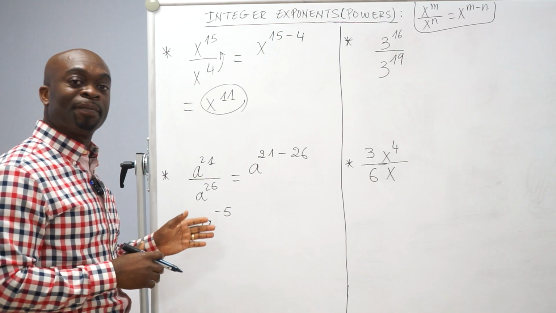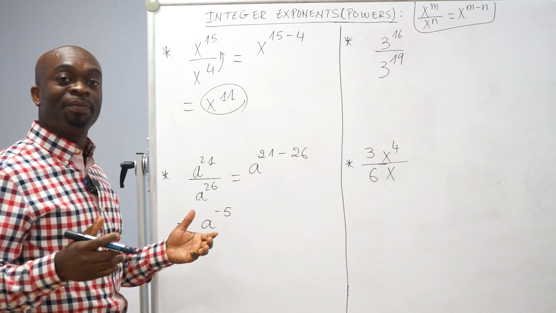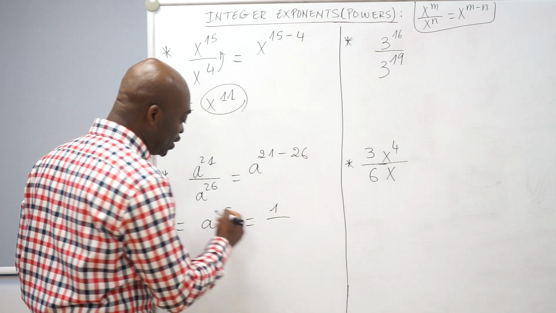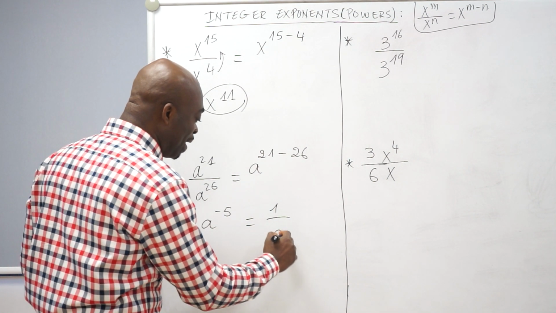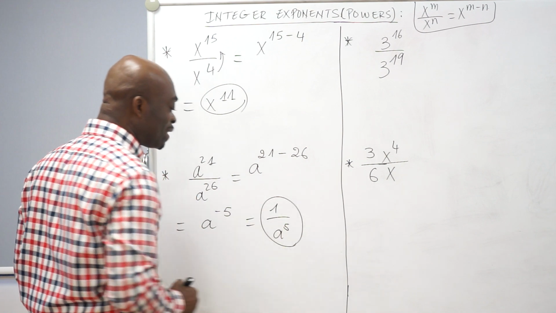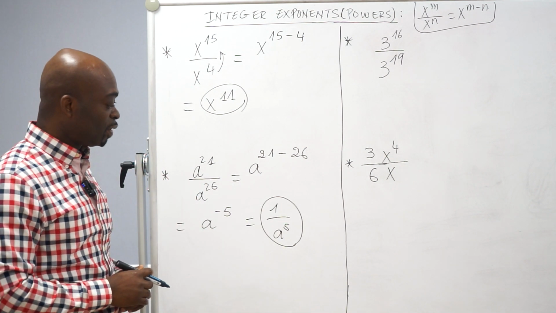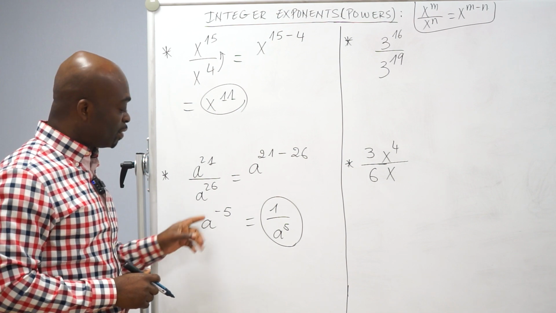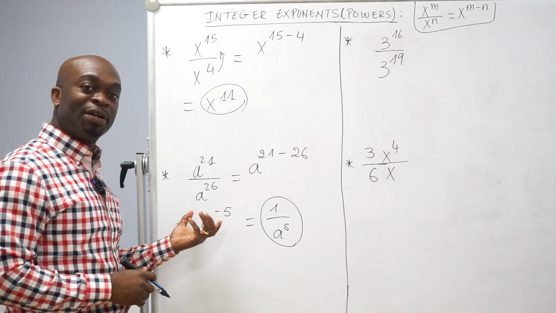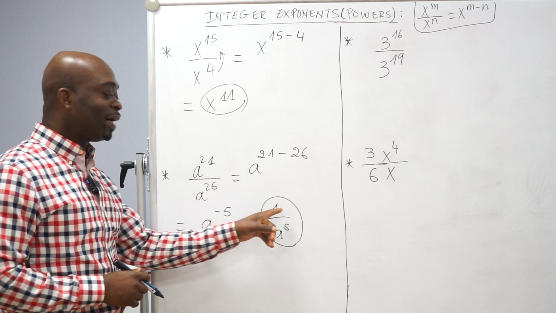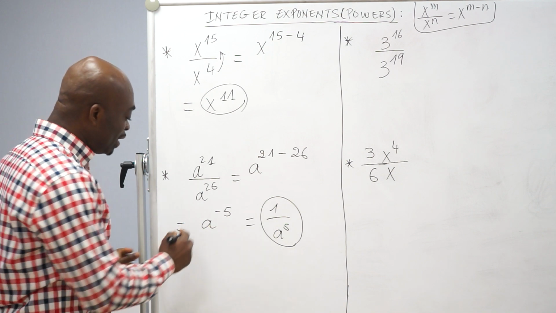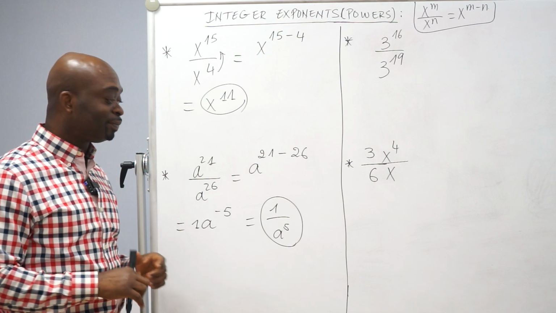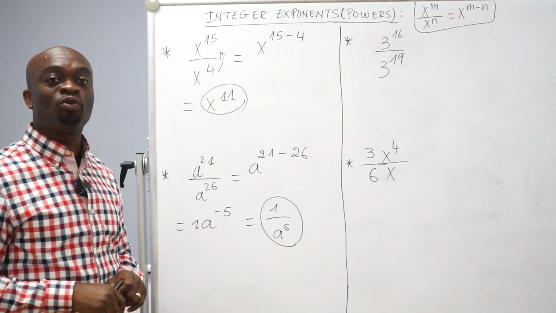We dealt with this before: it's 1, and the a power -5 goes down, so 1 over a power 5, now +5. There's an invisible 1 in front of any variable. That's the second question.